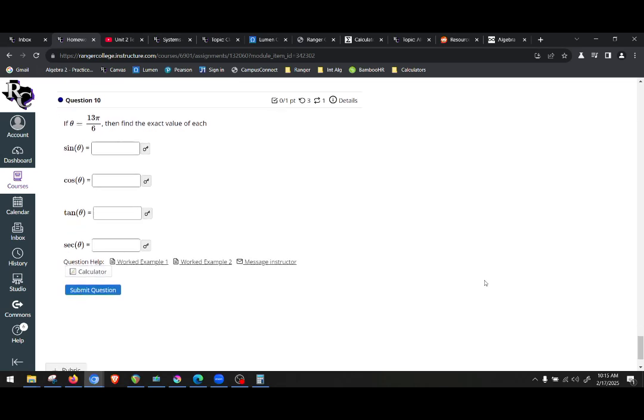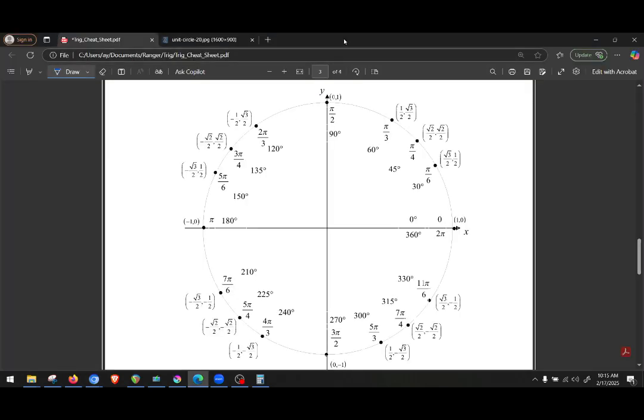Okay, same as our last one, but we've got to break it down a little bit to be able to use our unit circle. Remember that 2 pi is 360 degrees, so 1 full revolution. So this is bigger than 2 pi. Let's see by how much. It was 13 pi over 6. So 13 pi over 6, and we want to go 2 pi radians.